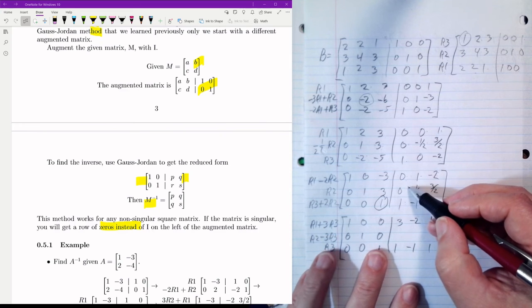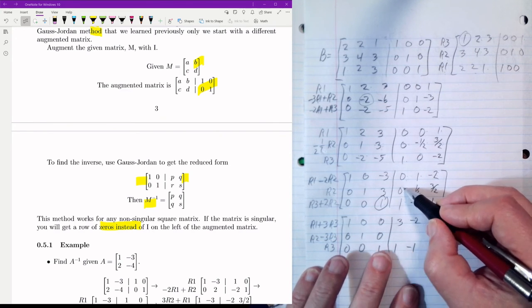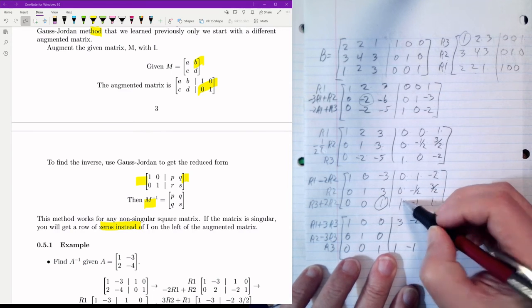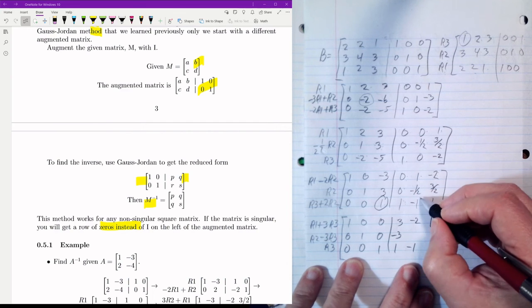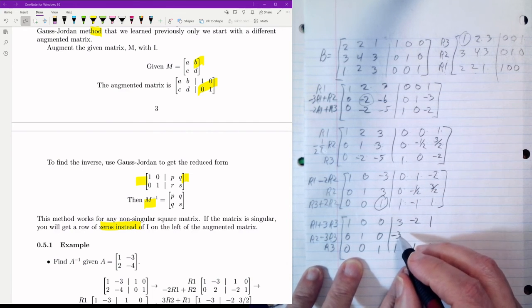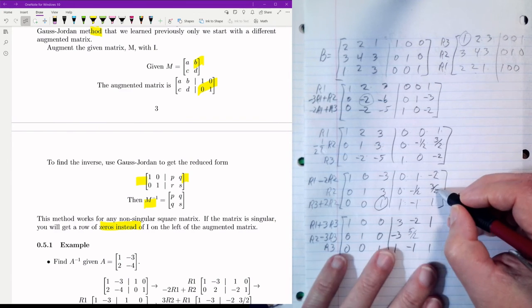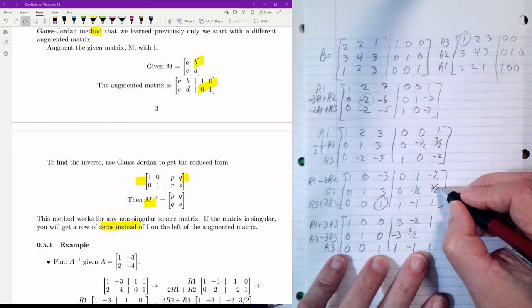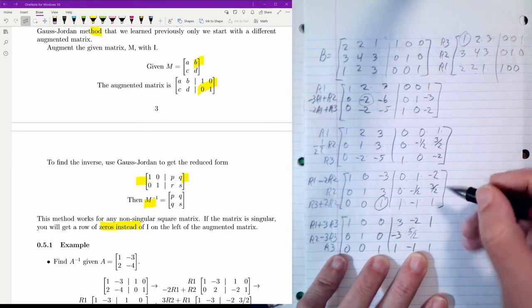Row 2 is row 2 minus 3 times row 3. So 0 minus 3. Minus 1/2 plus 3, which is 5/2. And then 3/2 minus 3, which is minus 3/2.